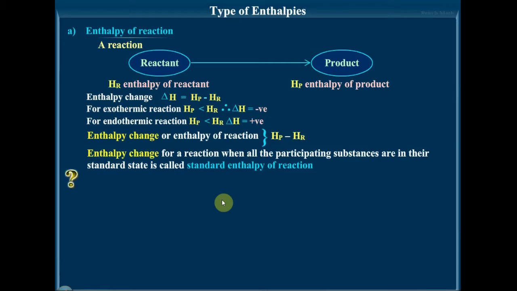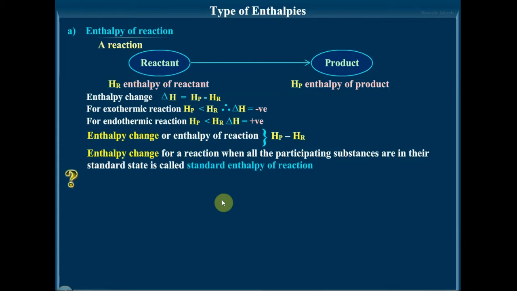The thermodynamic data is generally taken at 298 Kelvin. So according to the IUPAC recommendation, the enthalpy change of a reaction when all the participating substances, that is the reactants and products, are in their standard state is called the standard enthalpy of the reaction.